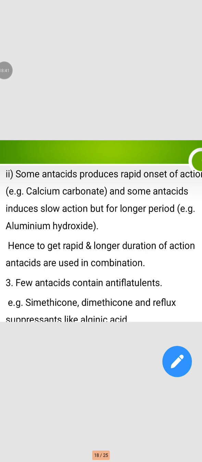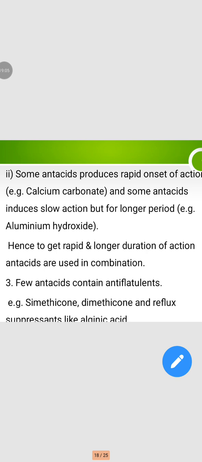The formula of aluminum hydroxide is Al(OH)3. Hence, to get rapid and longer duration of action, antacids are used in combination.